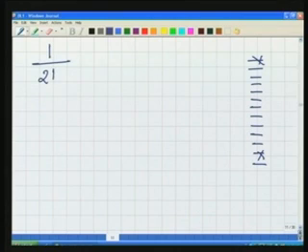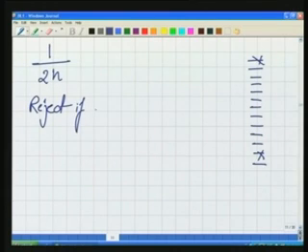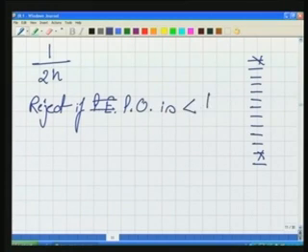So, the rule in this case is: reject an observation provided its probability of occurrence is less than 1 by 2n. I will explain it. It says reject if probability of occurrence is less than 1 by 2n.